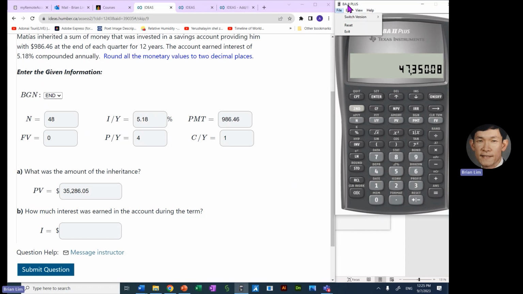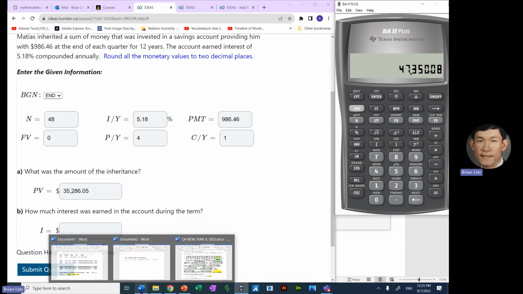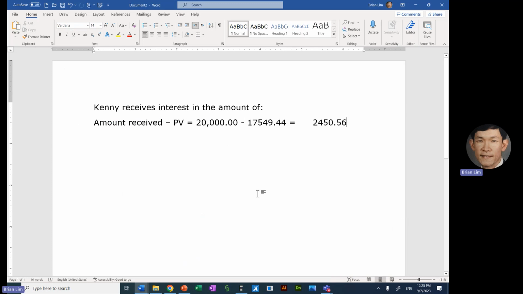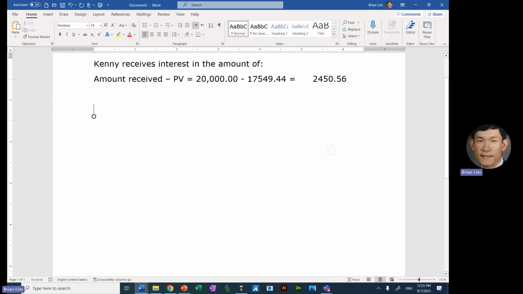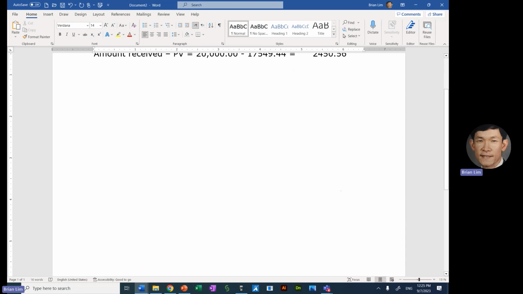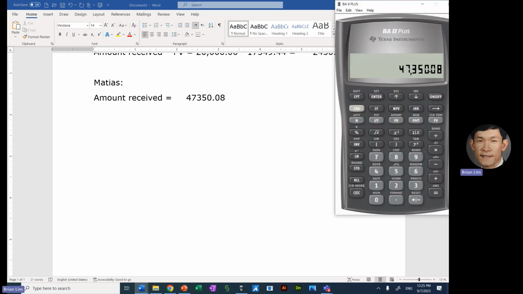So let's get smarter this time. We will copy the answer and see if it works. We're done with Kenny. We want Matthias. So the amount received by Matthias is equal to 47350.